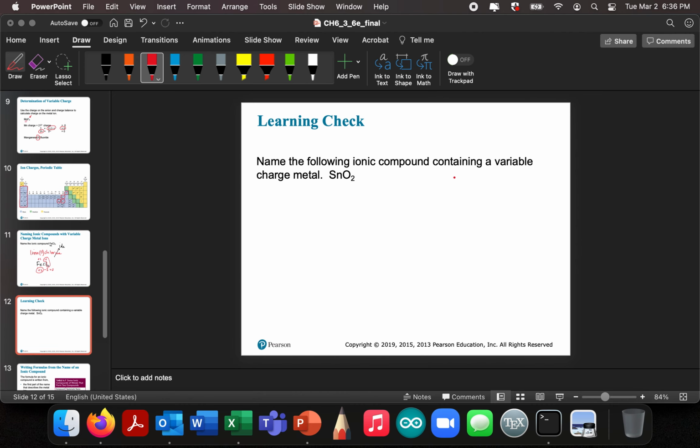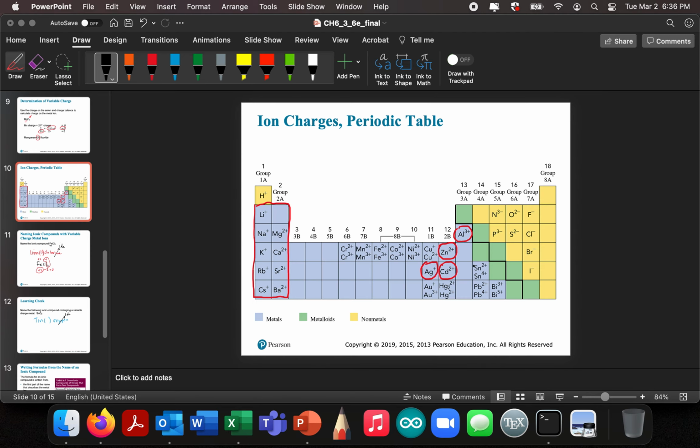All right, so let's give you a chance to practice. Pause the video and do this compound, and then compare your answer to mine. Okay, so I'm going to say tin. It probably has a Roman numeral. I'll come back over here to this table in a second. For now, tin, oxygen, but this gets changed to oxide, so it's tin oxide. Sure enough, tin could be either 2+ or 4+.